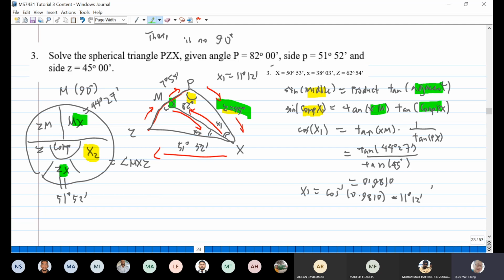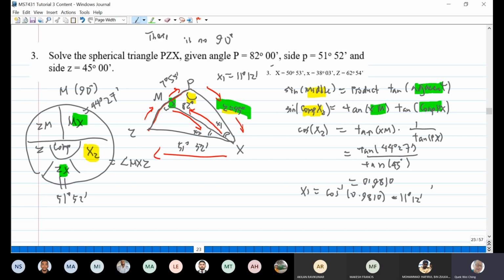Okay, so let's do the same tangent one. I want to call my X2 now because X2 is in the lower half of the view. So this is actually X2 now. So sine X2 we know is same like cosine X2.